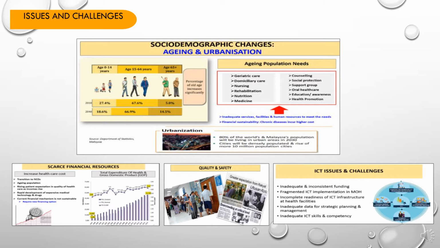So cities will be densely populated. At the end of it, what will be affected is also the scarce financial resources. There will be increased healthcare costs and expenditure of health and GDP will be affected.